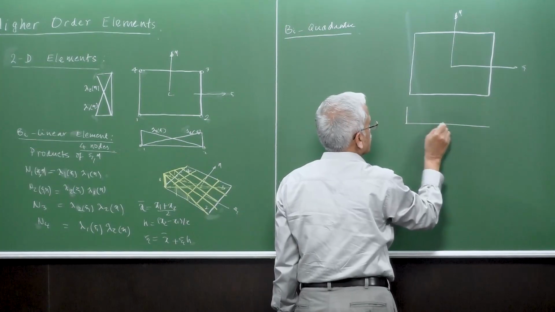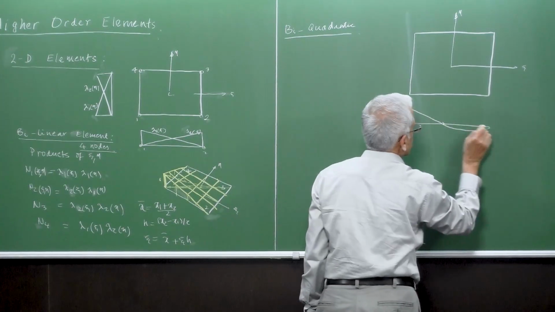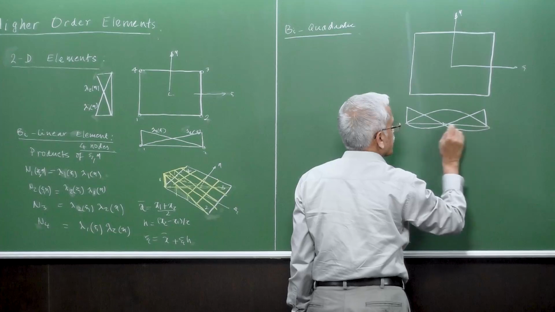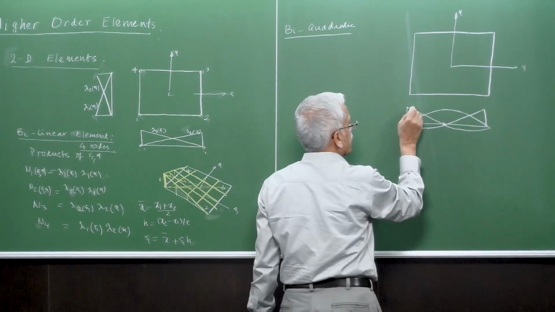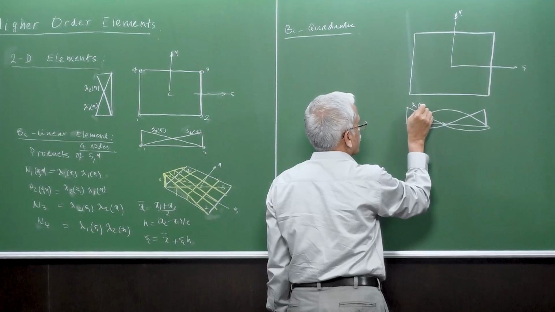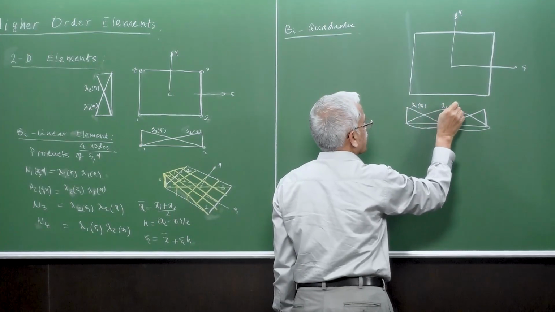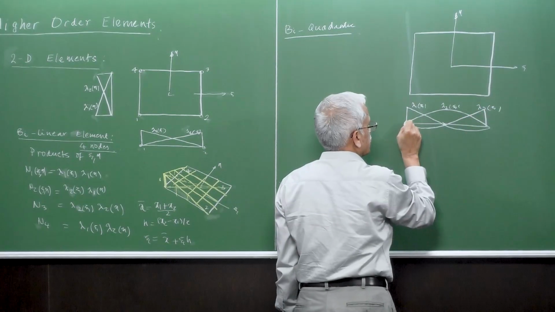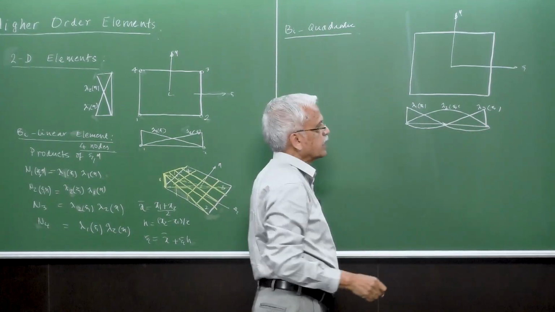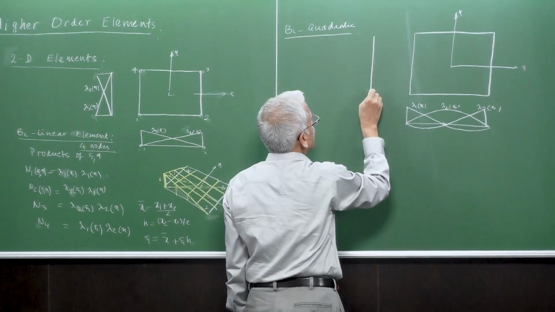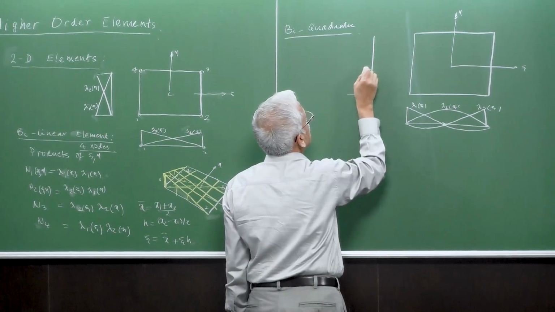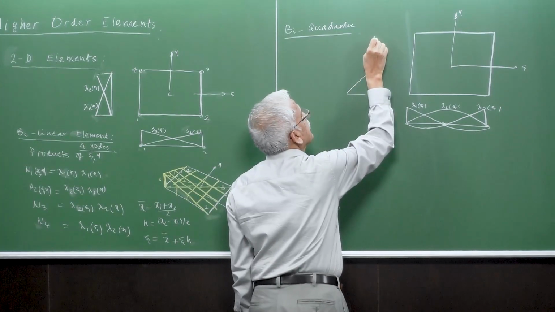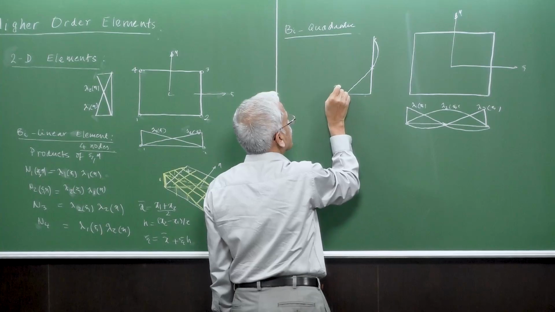The 3 are, as last time we have seen in the case of the linear element, lambda 1, lambda 2 xi and lambda 3. So 3 in the x direction, right? And similarly 3 in the eta direction, this is lambda 1 eta.